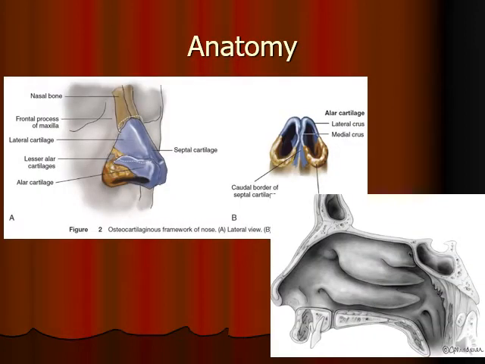Perhaps for better understanding, we might need a short review on the anatomy of the nose and paranasal sinus, especially the nasal cavity. As you see in the picture on the left side, this is the external nose, which is composed of bony and cartilaginous parts.